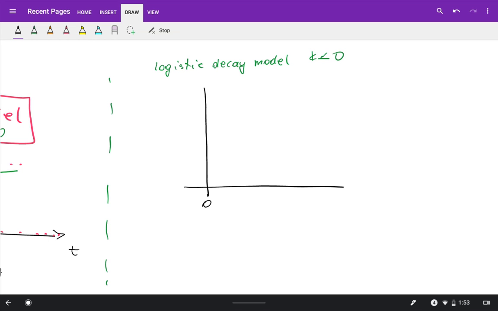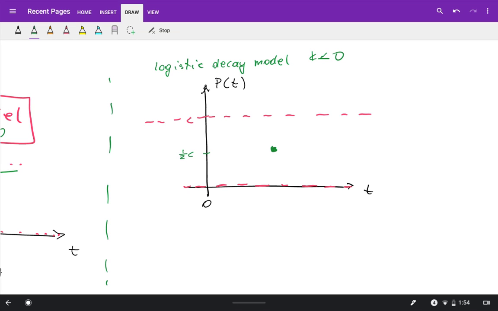So this is 0, this is time, P of t. Also, we have two horizontal asymptotes: when population is equal to 0, and the top one will be the carrying capacity. Okay. Halfway, we have 1/2 C, which is our inflection point. Just put that inflection point right here.